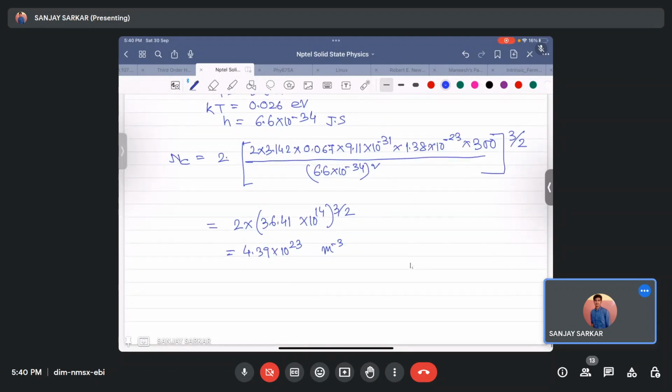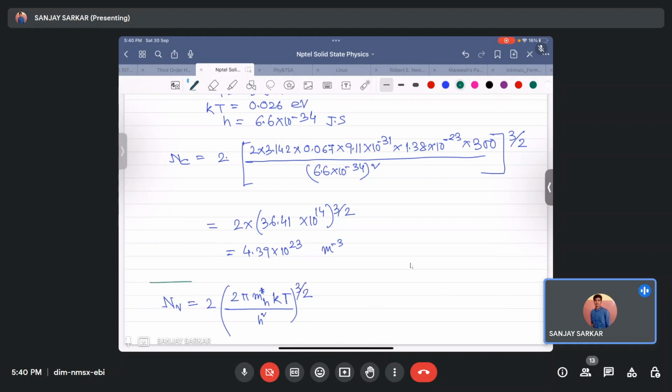So Nv equal to 2 into 2 pi mh star kT divided by h square to the power 3 by 2.